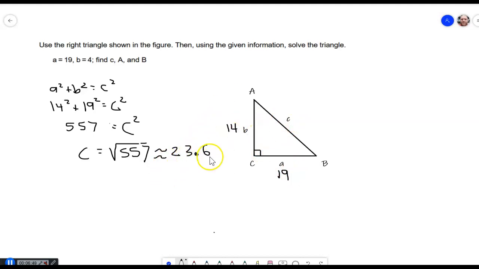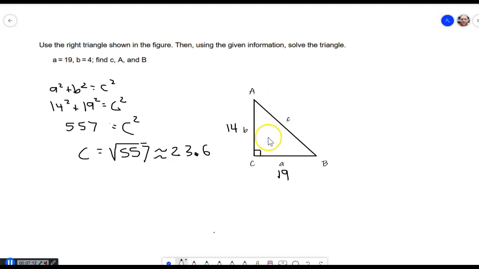All right. Now, in order to get your A and your B, we're going to have to use trigonometry. We're going to have to use the sine, cosine, tangent, or technically we could use secant, cosecant, or cotangent, but those are just inverses, so let's not go there.